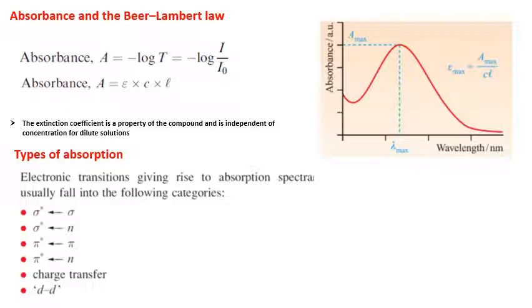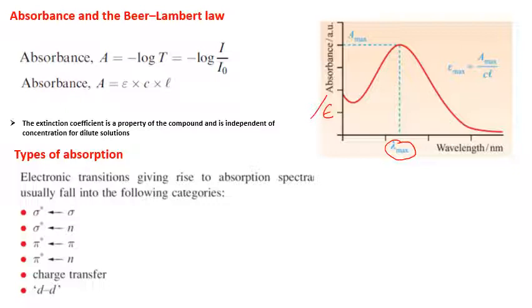You can see the UV spectrum shown at the top right side. This is the lambda max, and this is the absorption, or you can plot it with the molar epsilon coefficient. Epsilon, I'll talk about later. So you can plot the absorption value or molar extinction coefficient against wavelength or wave number.